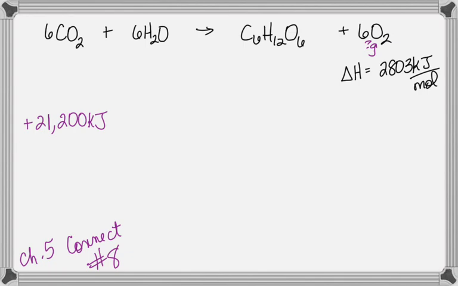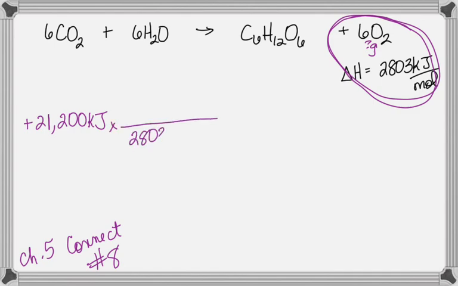So for the balanced equation, I know I'm relating it to oxygen because that's what Connect asks about. The balanced equation says it consumes 2,803 kilojoules for every 6 moles of oxygen. Now, how did I know to write it that way and not the 2,803 on top and 6 on the bottom?